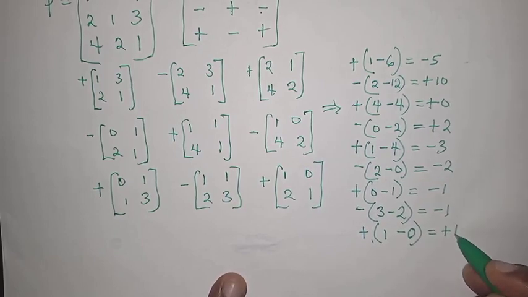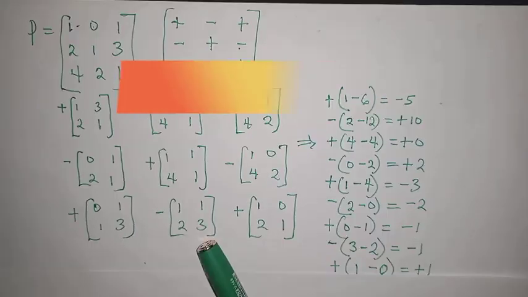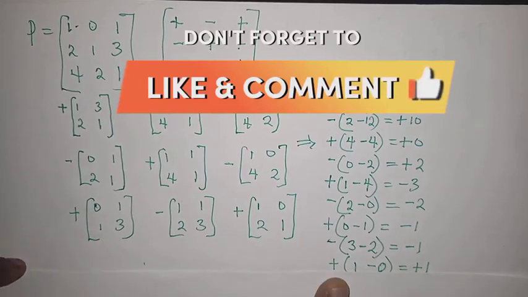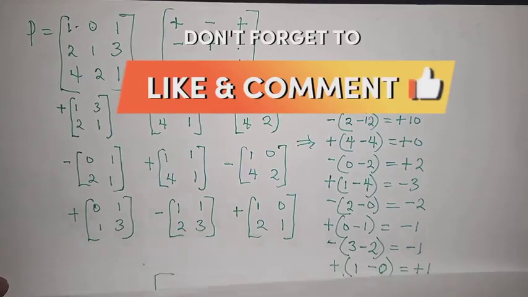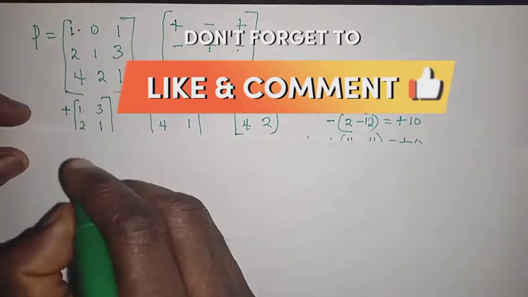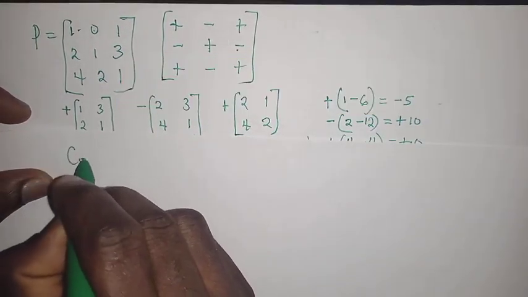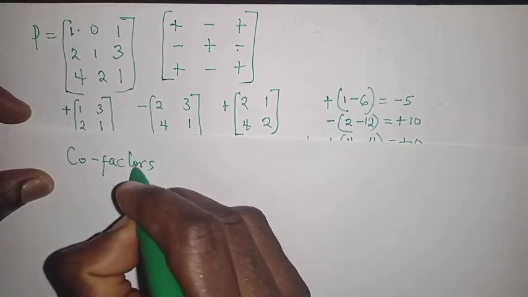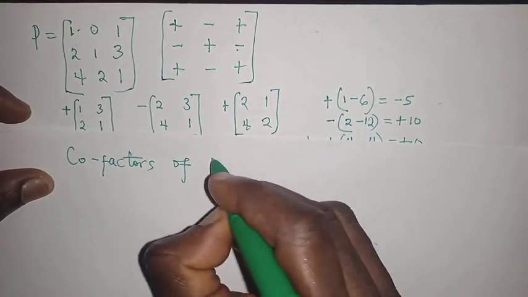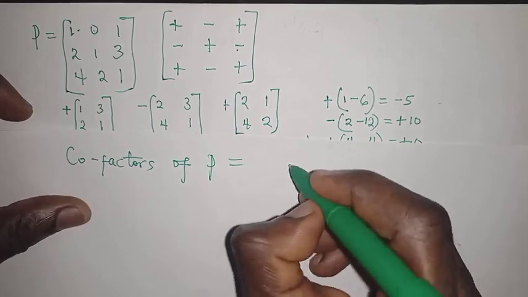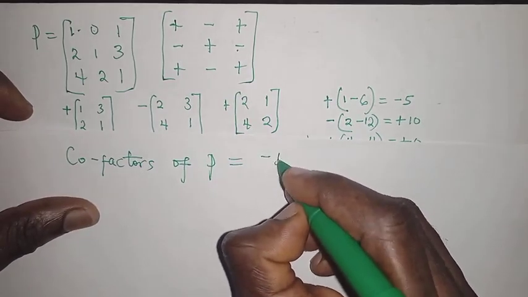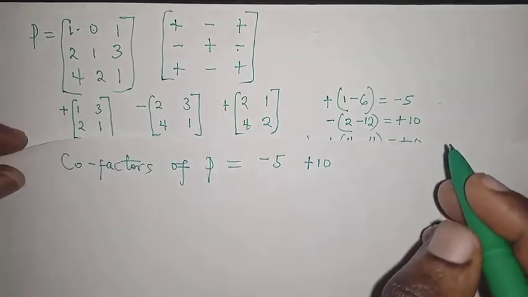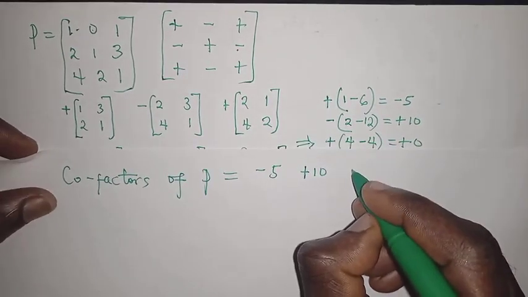So this is plus 1. The next thing I'm going to do is to write out the cofactors that I just got. So cofactors of P are: minus 5, plus 10, and 0.